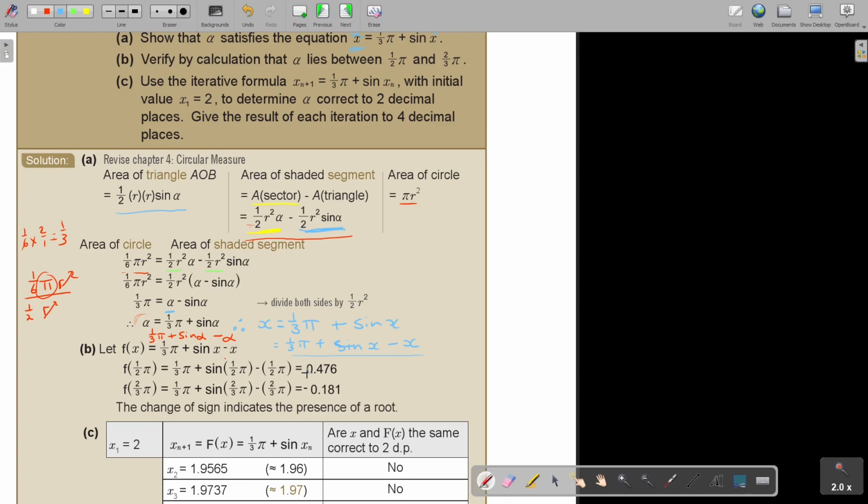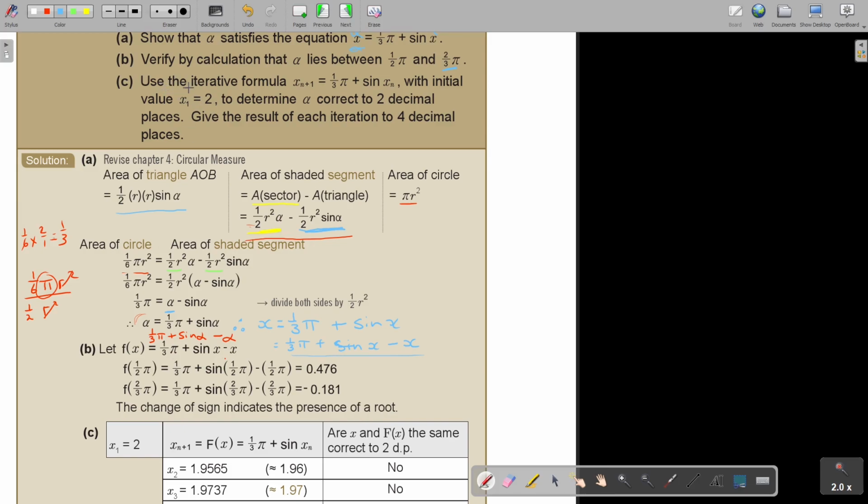I say shift pi because my calculator works like that. And then I get, to three significant figures, 0.476. And then I do the same with the second one. And the change of sign indicates the presence of a root. Okay, and then I go on.